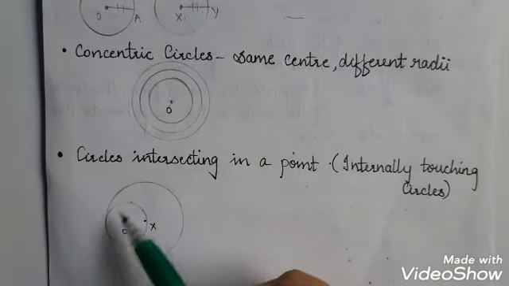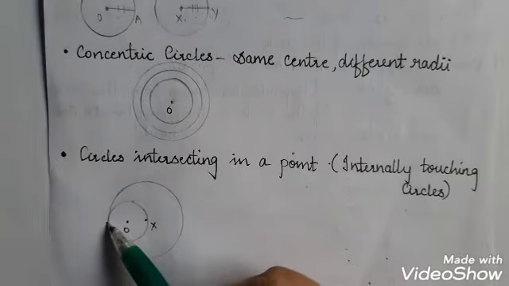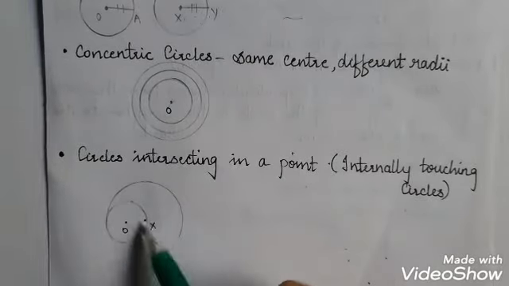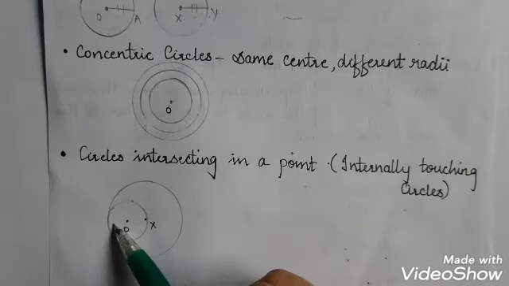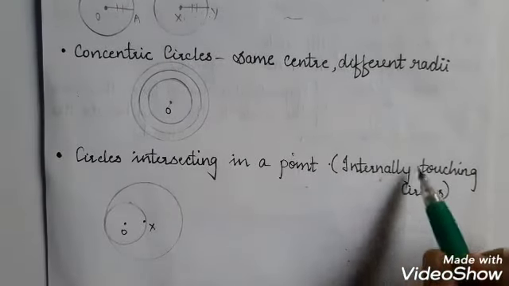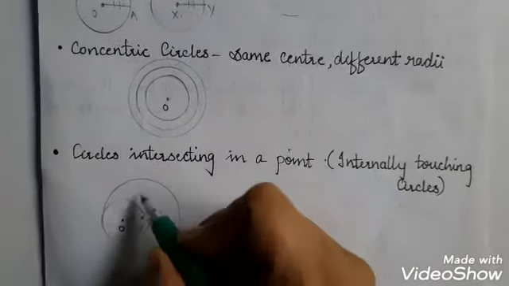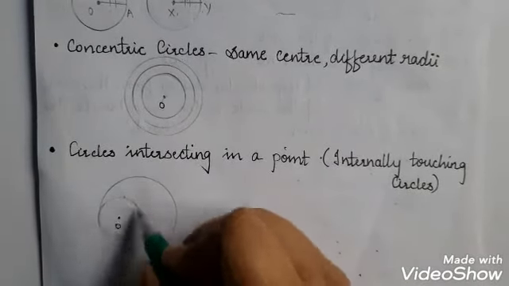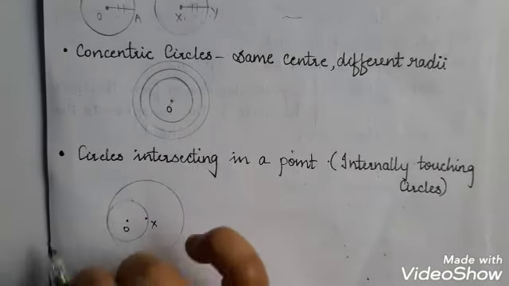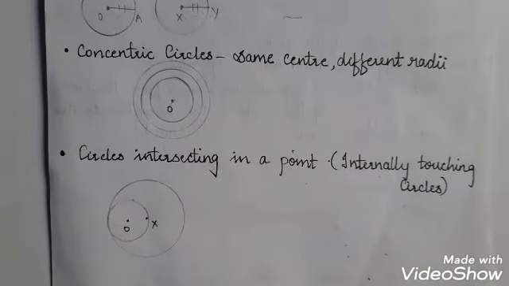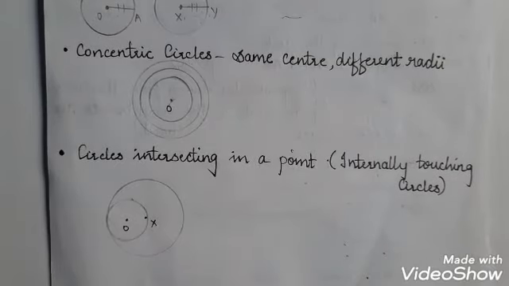But both the circles touch each other at one point. They intersect each other at one common point. That is why they are called internally touching circles, because both the circles meet at a common point which is inside. That means no circle is outside. Both the circles are inside each other.